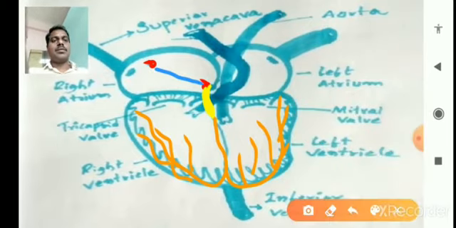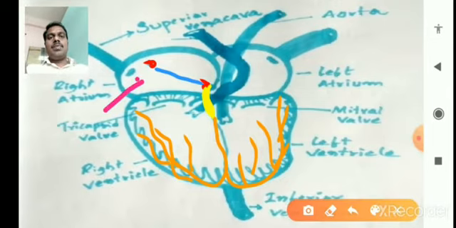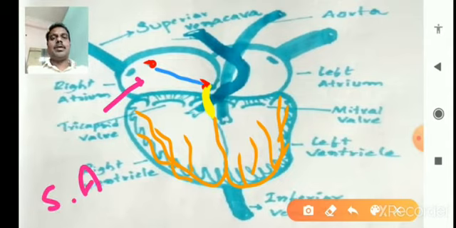When the deoxygenated blood fills the right atrium, the SA node is activated by the brain's nervous system for contraction of the atria. Now the heart is in the relaxation position, but when the deoxygenated and oxygenated blood fill the atria, then it contracts.